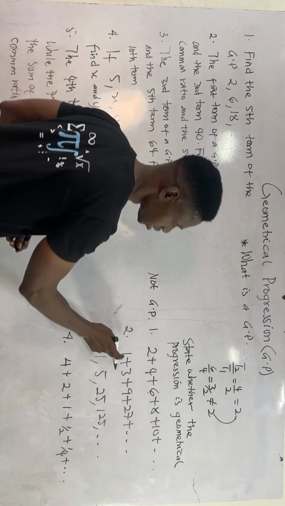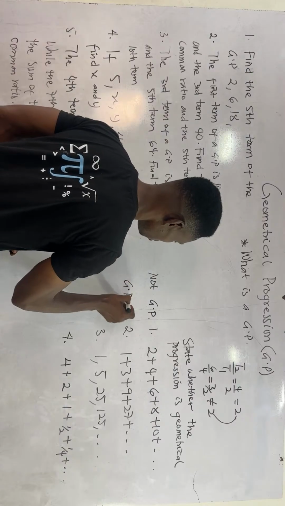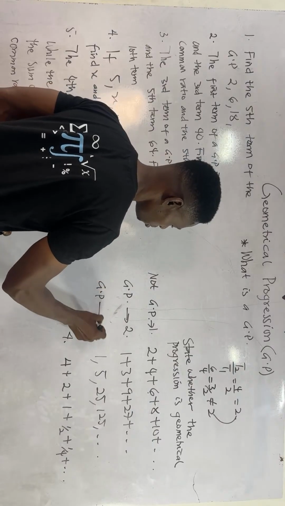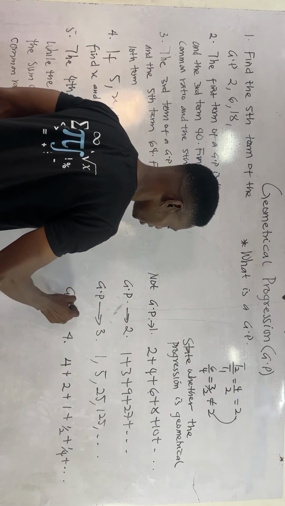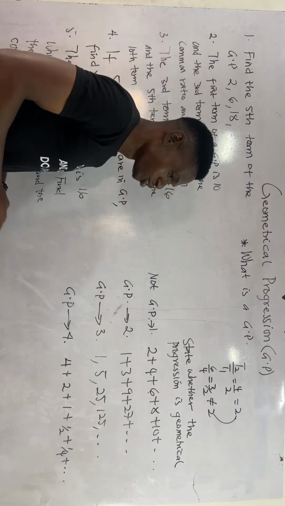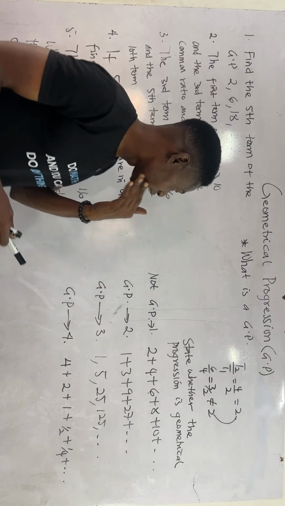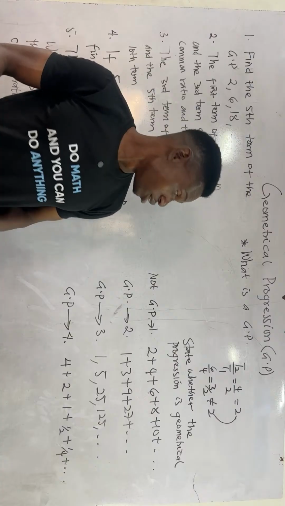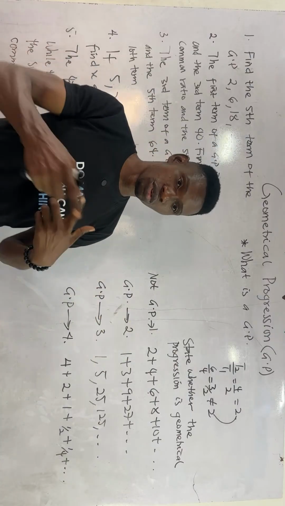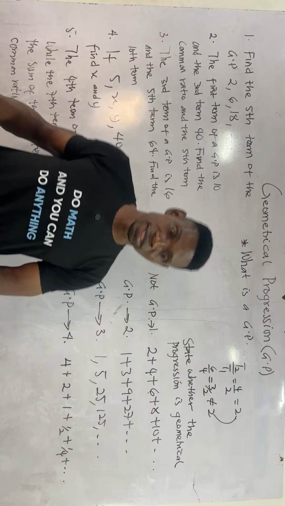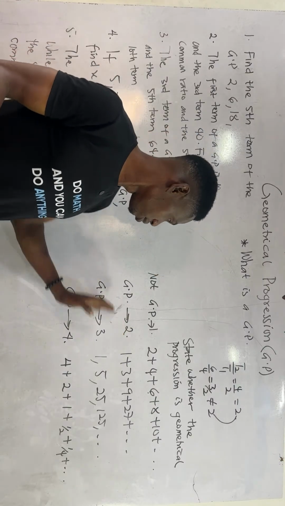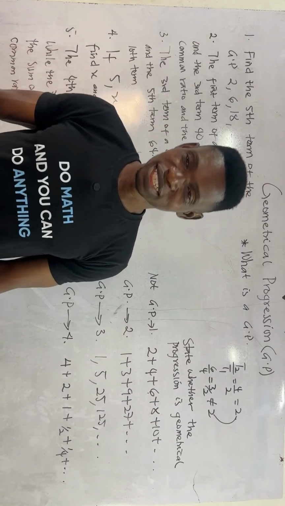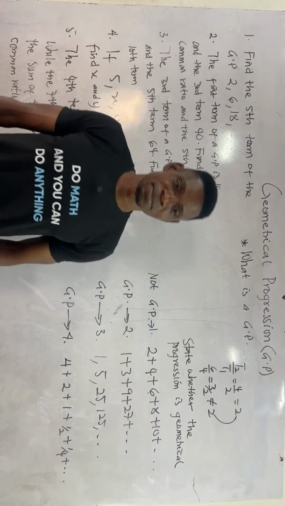Okay, let me give you the straight answers. Number 2 is a GP. Number 3 is a GP. And number 4 is a GP. Okay, so if your answers are at variance with these ones, you can indicate so, or that means I need to explain to you. So number 1 is not a GP because the ratio of the consecutive terms is not constant. Number 2 is a GP. Number 3 is a GP. And number 4 is a GP. So check anybody with a different answer.